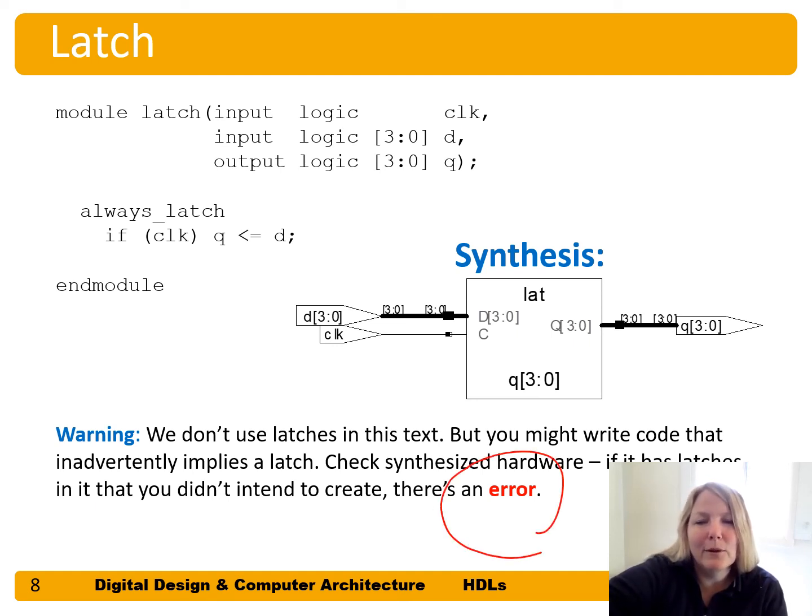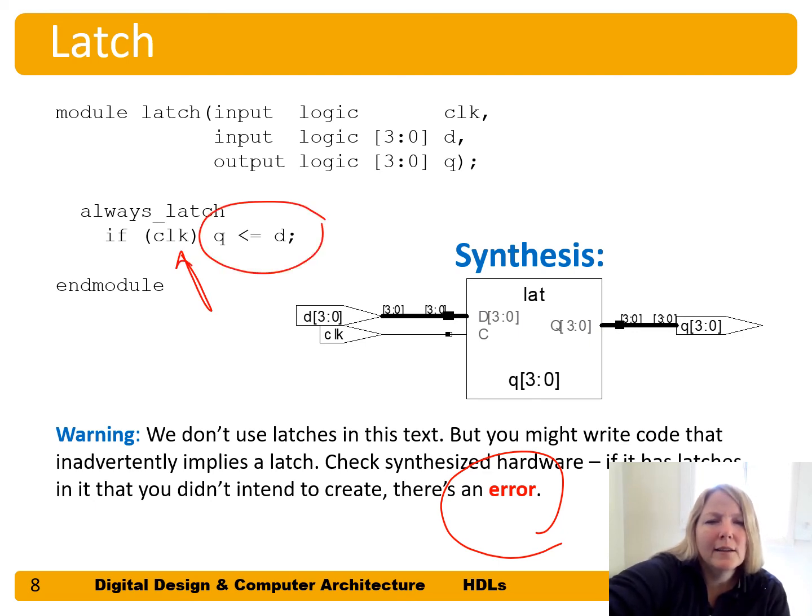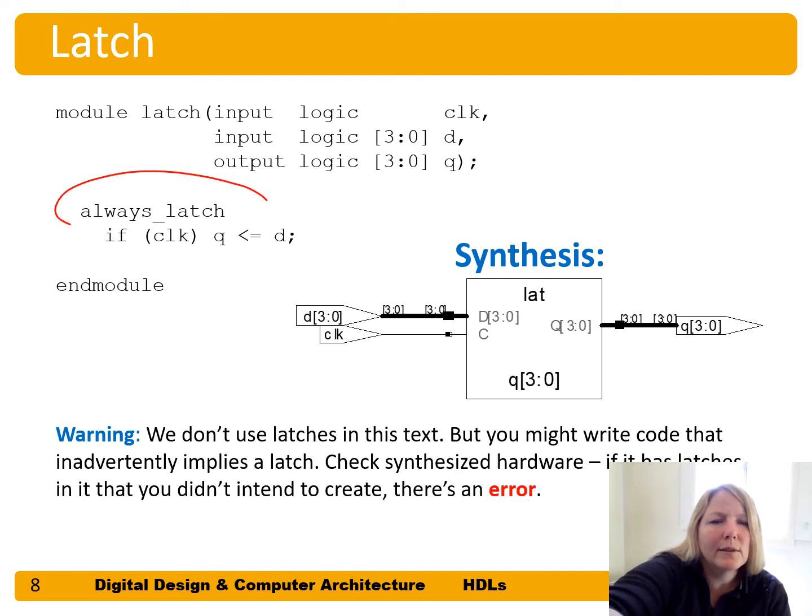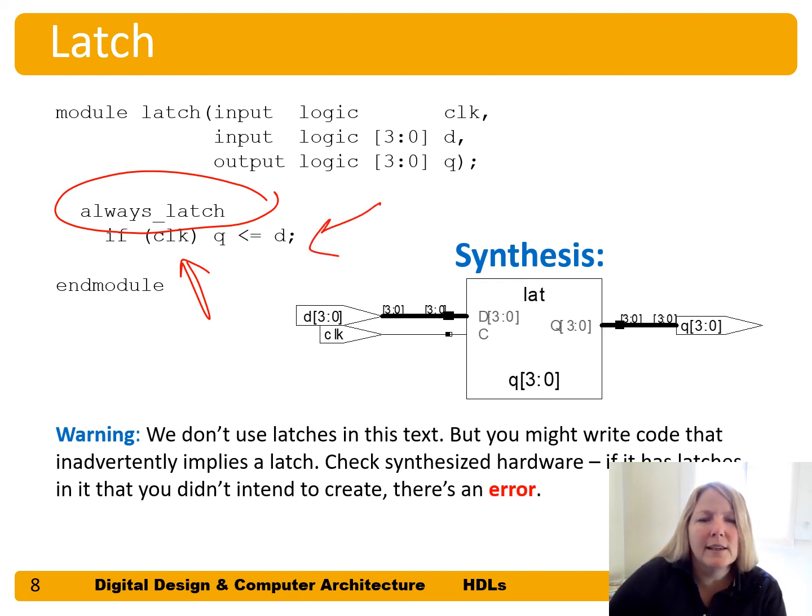So a latch, remember, is something that when the clock goes high, so when clock is 1, if clock, Q follows D or Q gets D. And so we use the keyword always_latch, and then if clock is high, Q gets D, and the else statement is just Q retains its value.